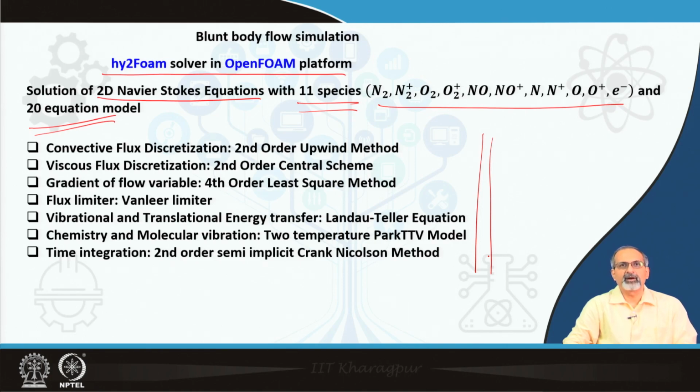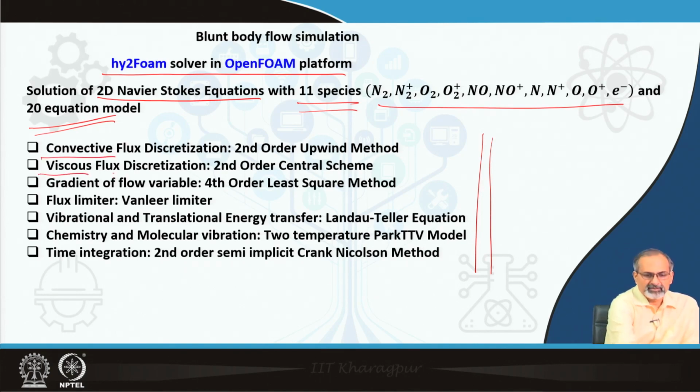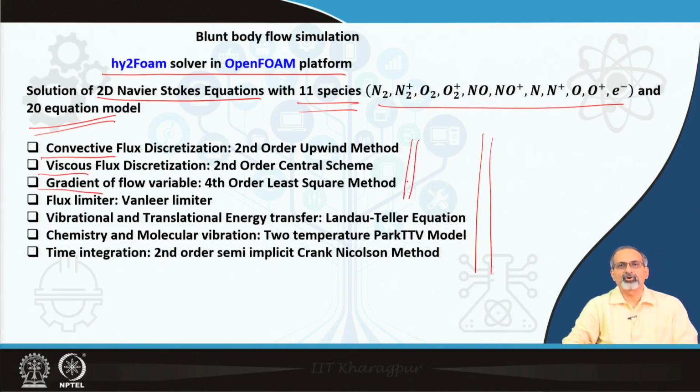the numerical scheme are provided here, where we discussed earlier also that different terms in the governing partial differential equations have to be treated with different approximation schemes. The convective terms, the viscous terms, the gradients are treated with different schemes of second or fourth order accuracy, which are either central or upwind.